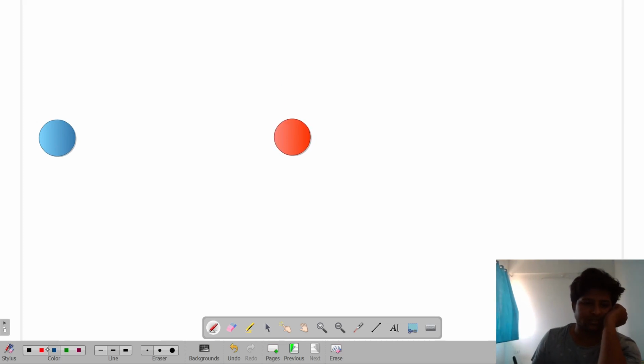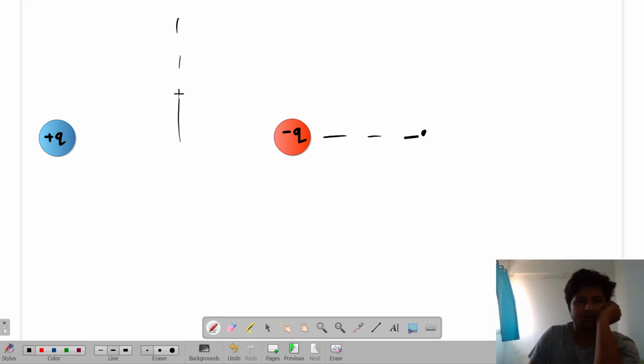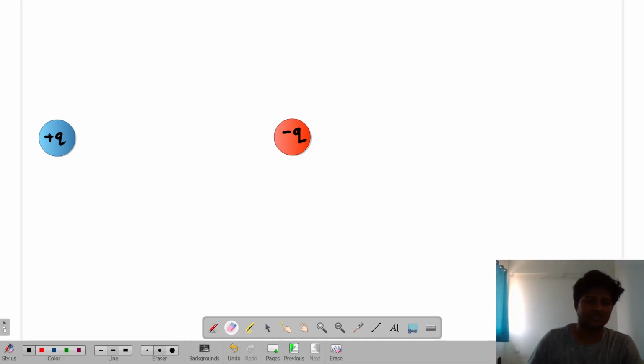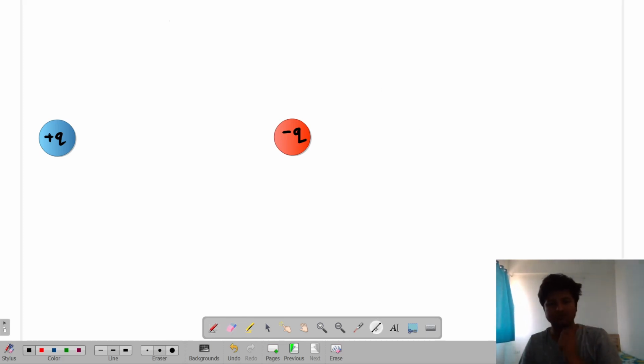Then I have three different kinds of points: one along the axis, one perpendicular to it, and one random point. I want to find the electric field and potential in all these cases. Is that clear or not?